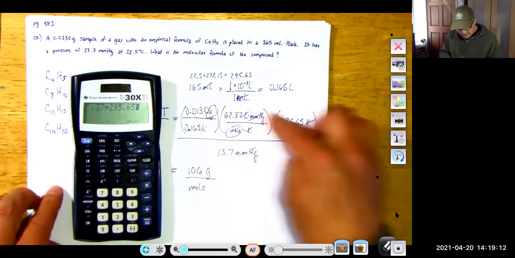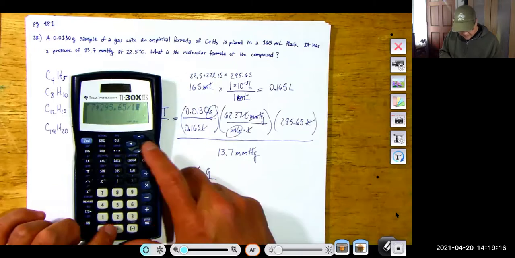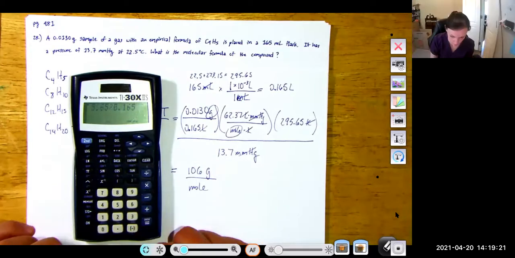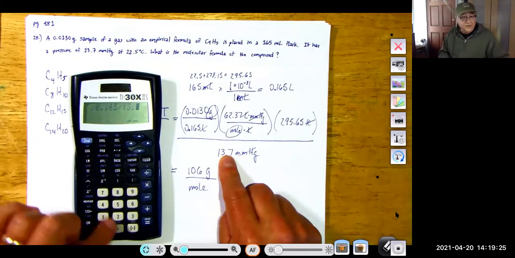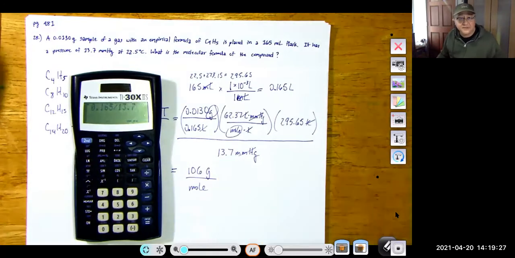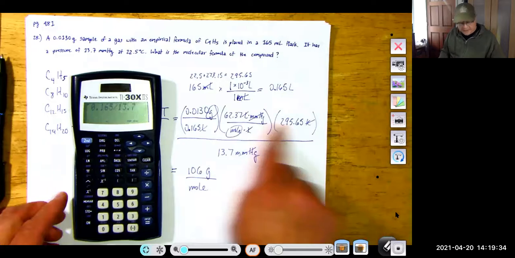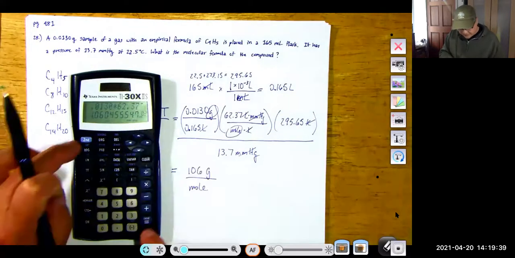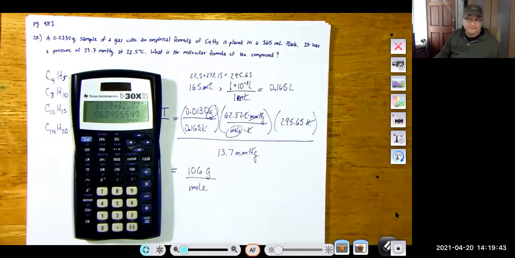And then I'm going to divide by 0.165, and then divide by 13.7. So that's the way I did it. No parentheses or anything. I know how my calculator works, so I'm going to put the numbers in so that it works out nicely. And I get, let me change that so it's easier for you to see the answer, 106.